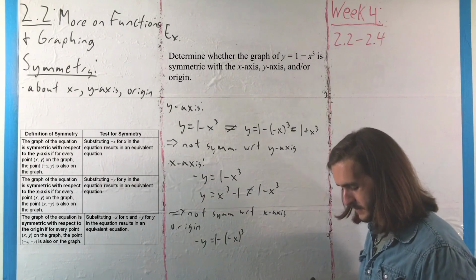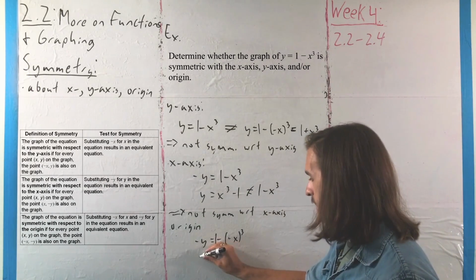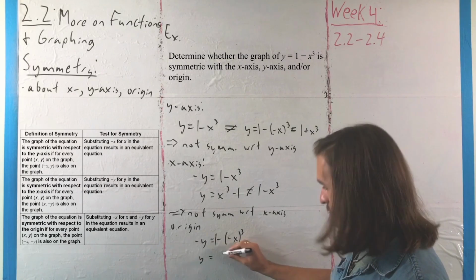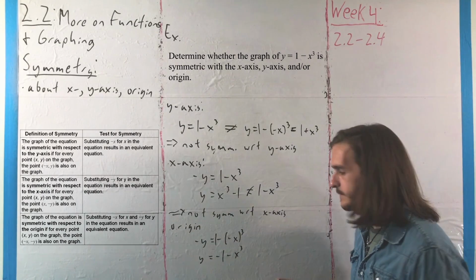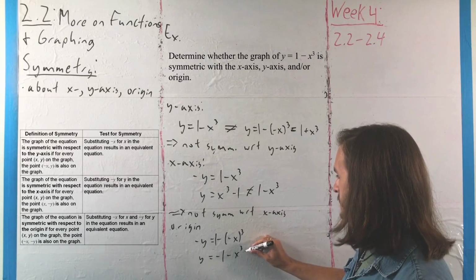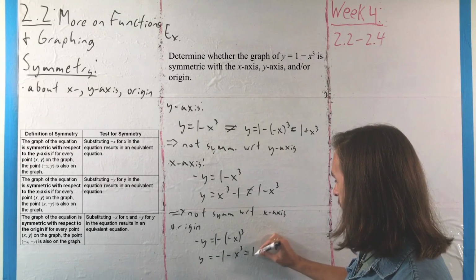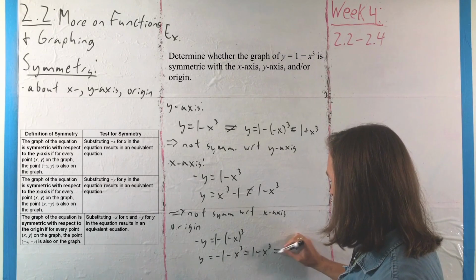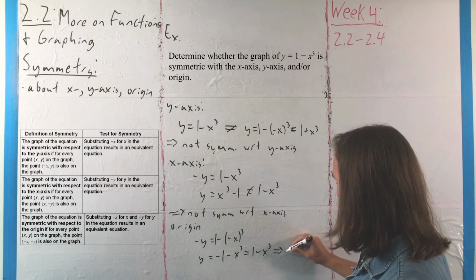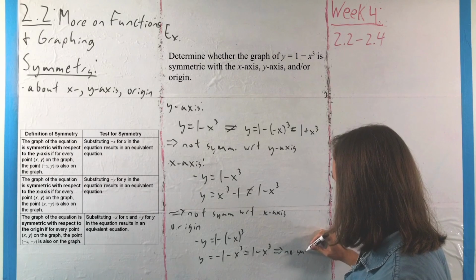You throw over the negative as well, and what you're going to end up with is y equals negative 1 minus x cubed. Sorry if you're not quite on all the details, but the point is this is definitely not 1 minus x cubed in general, so we don't have symmetry with the origin.